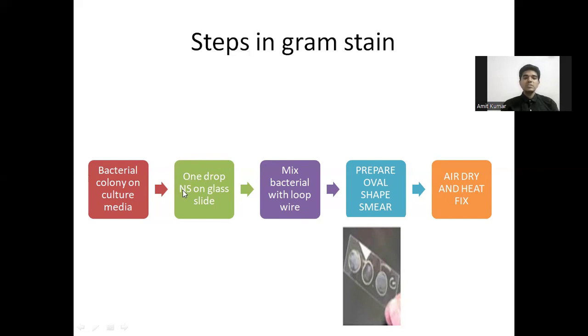NS stands for normal saline, and it is put on this glass slide. Then this normal saline is mixed with the bacterial colony with the help of a wire. Then after that, prepare the smear, an oval or round shape smear like this. Okay. Then after that, air dry the smear followed by heat fixing.